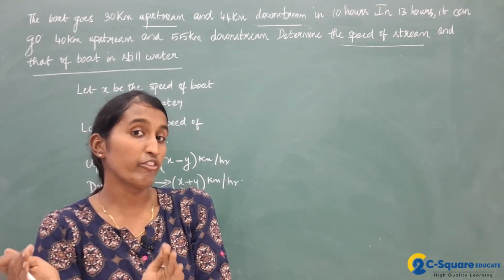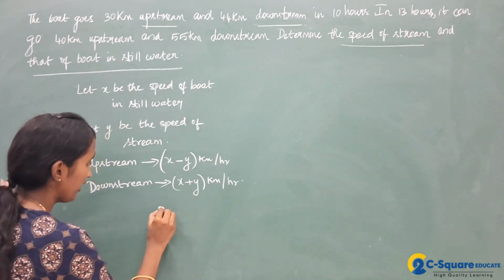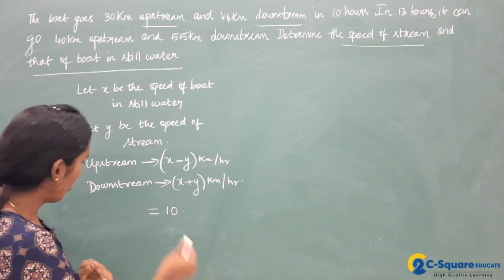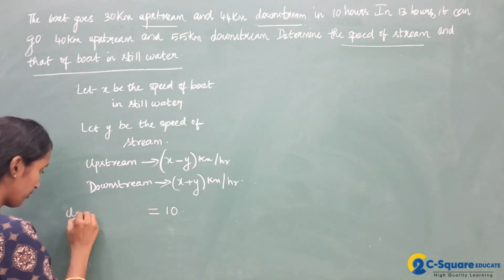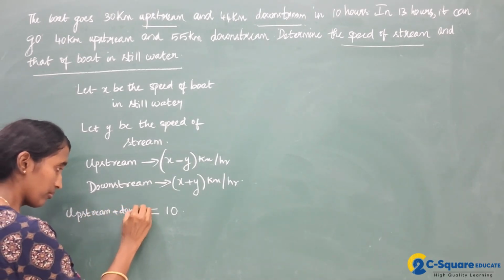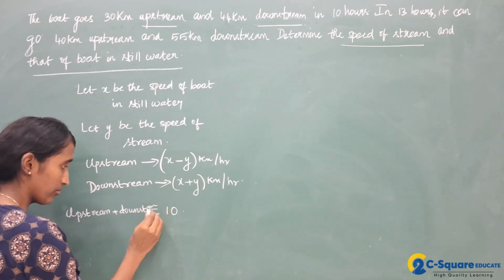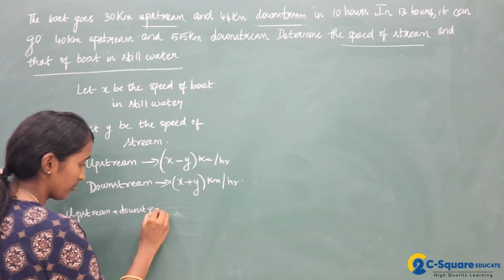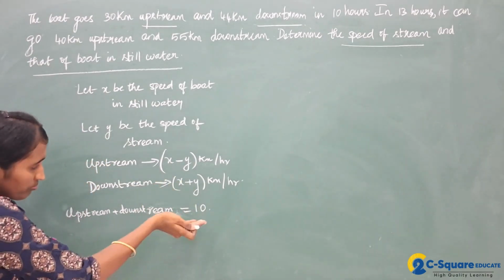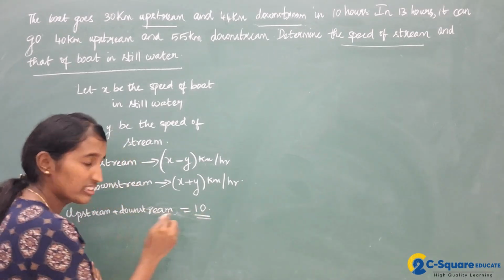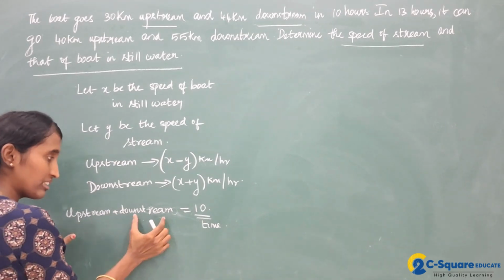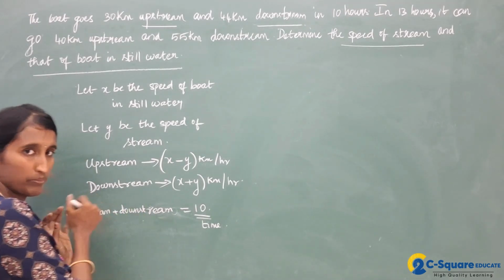Totally, it is traveling for 10 hours. So if you see this 10, what is it? It's time. So both upstream and downstream terms should also be in terms of time.